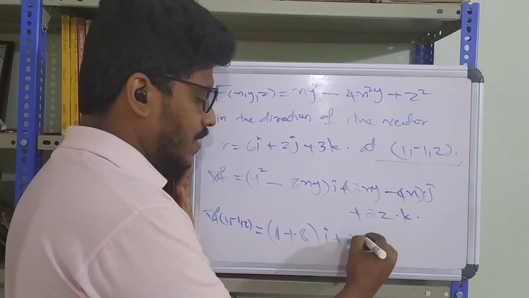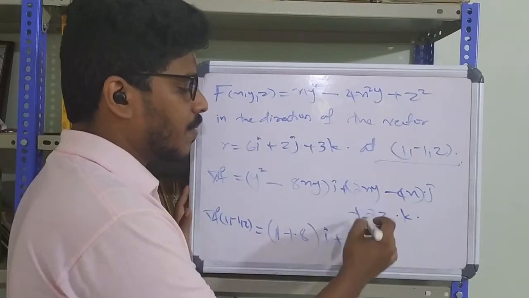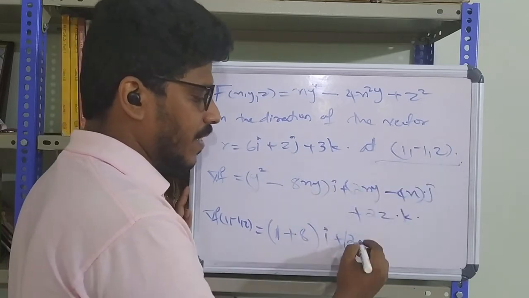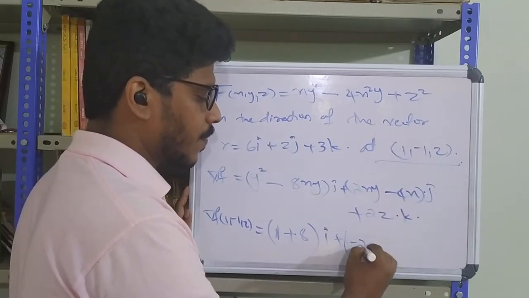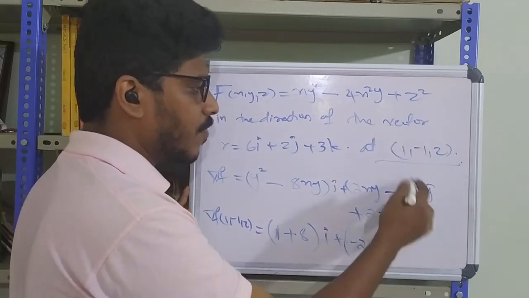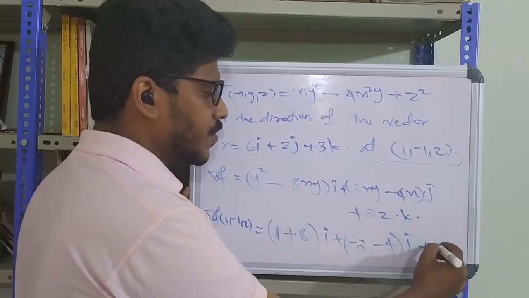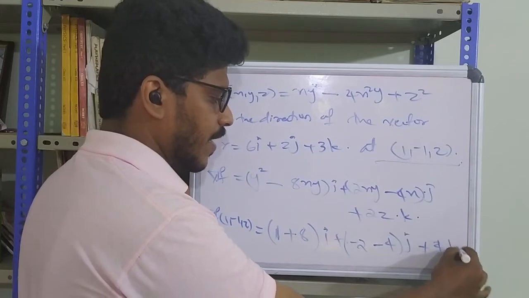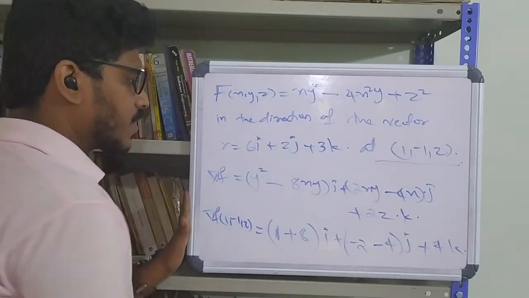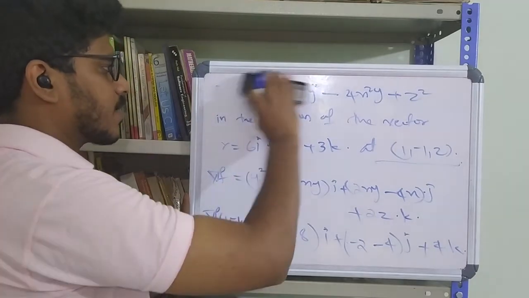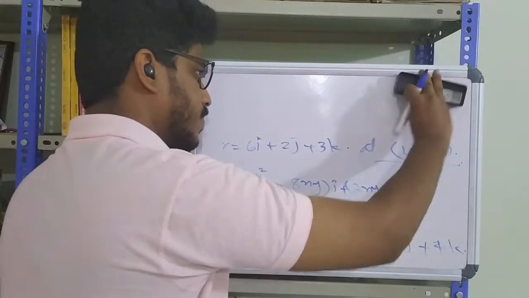So into i plus 2 into x into y, minus 1, so it will be minus 2, minus 4 into 1, 4 j, plus 2 into 2, 4k. Right, let's try to simplify this.